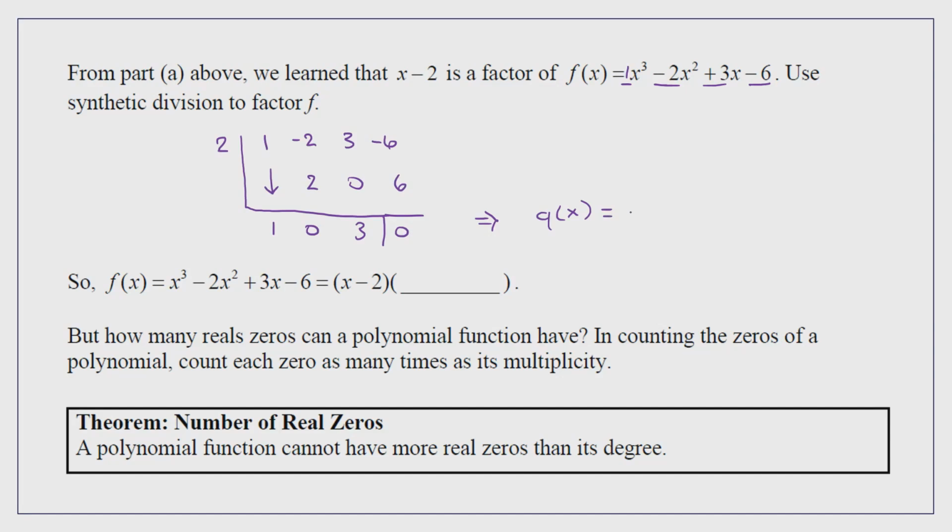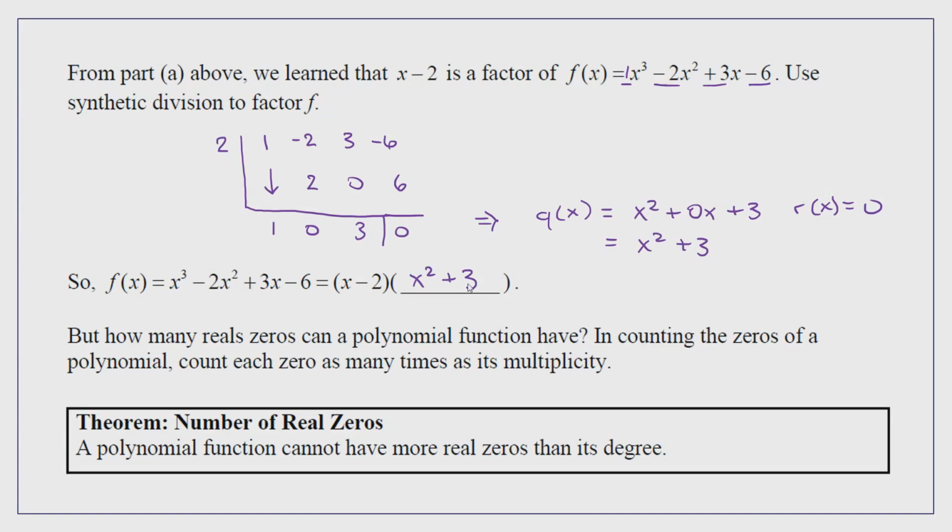So q of x is going to equal x squared plus 0x plus 3, which we know simplifies to x squared plus 3. Okay, and then our r of x equals 0. Okay, so f of x in factored form equals x minus 2 times x squared plus 3.